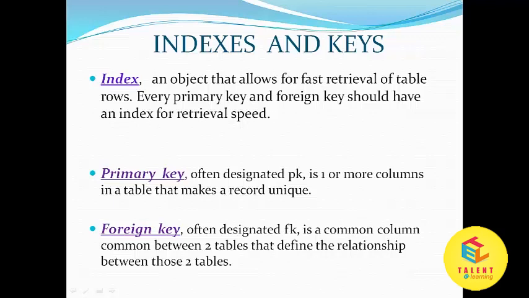Then our next concept is indexes and keys. Index. It is an object that allows for fast retrieval of table rows. Every primary key and foreign key should have an index for retrieval speed. Primary key, often designated PK, is one or more columns in a table that makes a record unique.